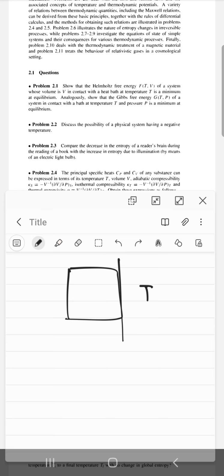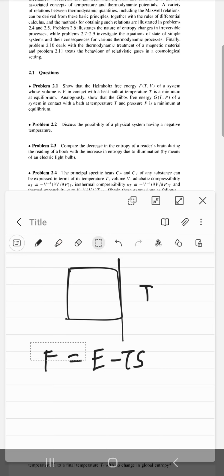So what we want to show is that at equilibrium, the Helmholtz energy, which is given as just the energy minus the TS quantity, is not going to change at equilibrium, or more like it's at a minimum, right?